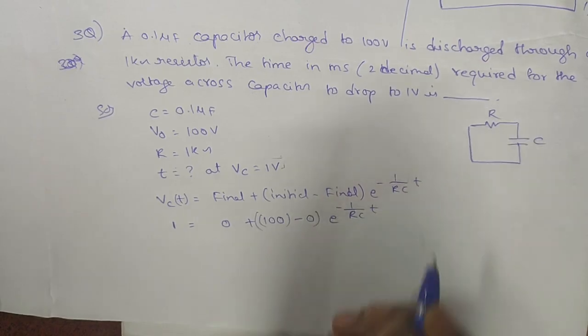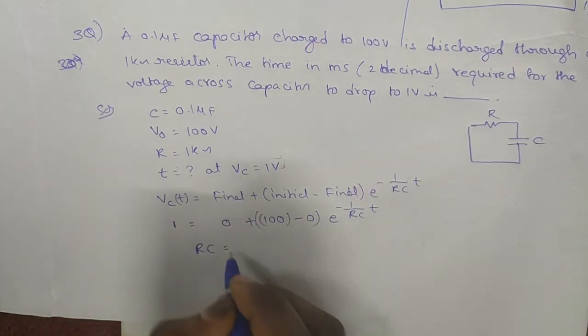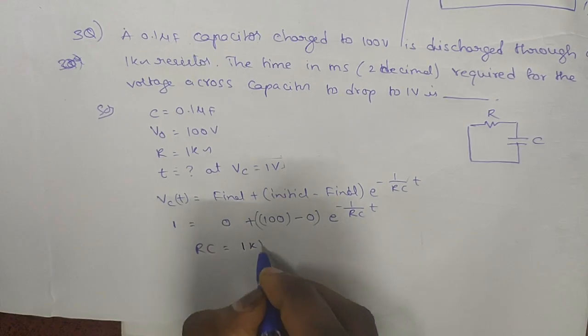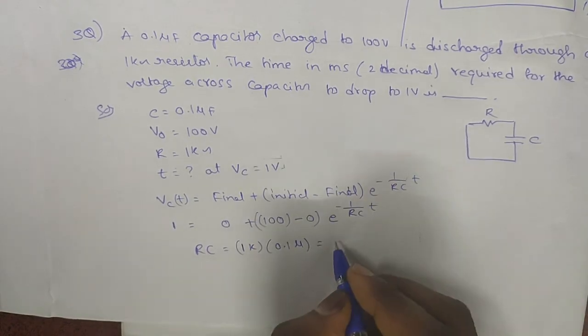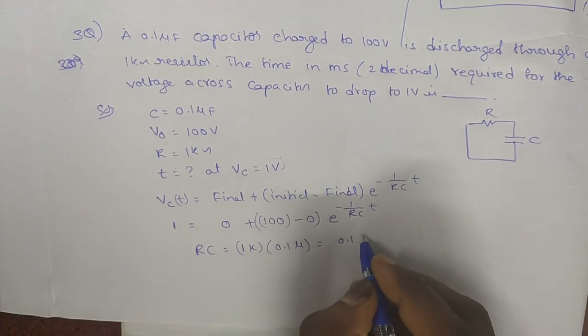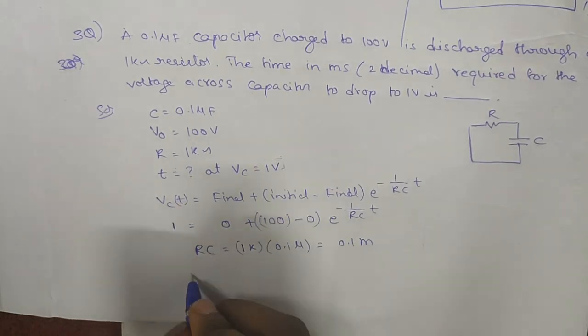RC into T. So RC value: R is 1 kilo, C value is 0.1 micro. Overall it will be 0.1 milli.